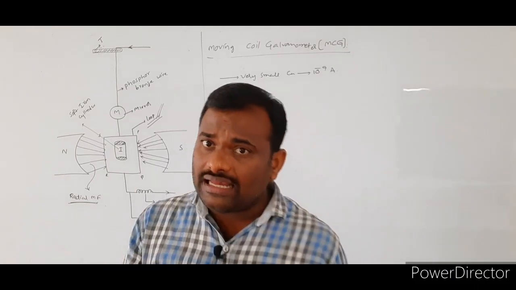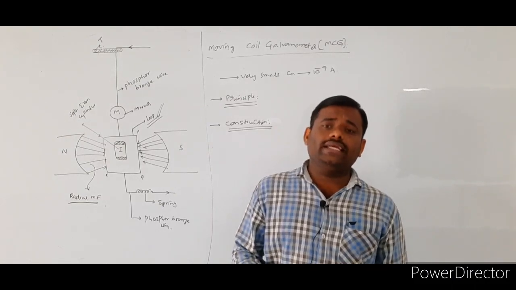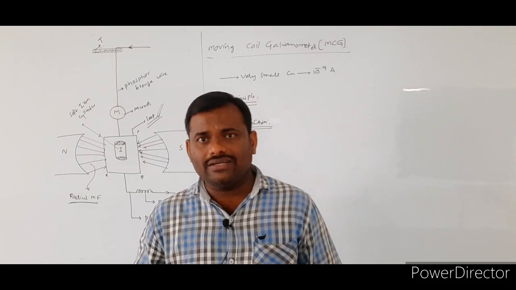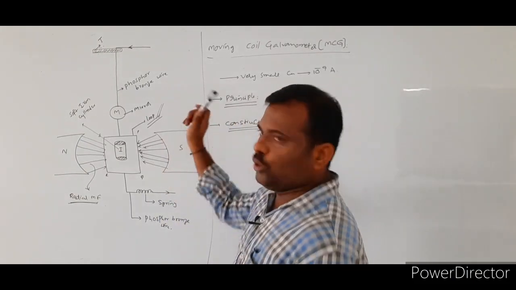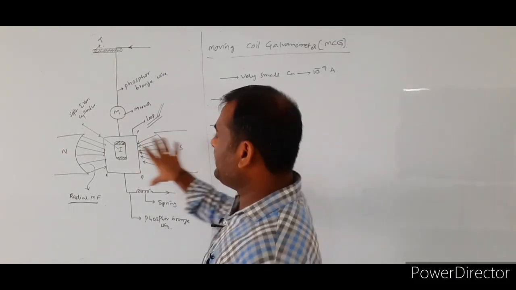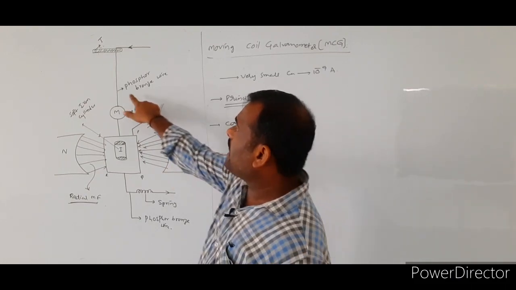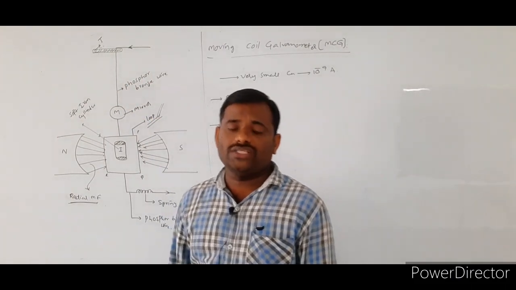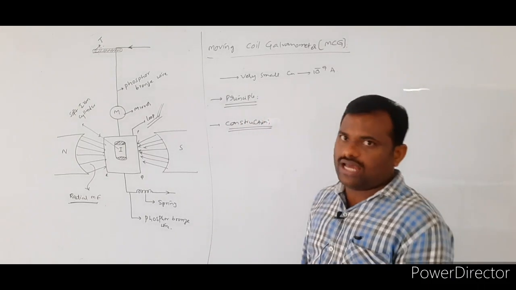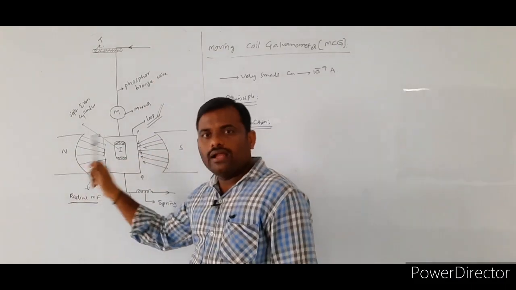Such an arrangement we call a rectangular loop. This rectangular loop is suspended between the magnetic poles with the help of phosphor bronze wire. Especially which wire do we use here? Phosphor bronze wire. By using the phosphor bronze wire, this loop is suspended between the north pole as well as the south pole.